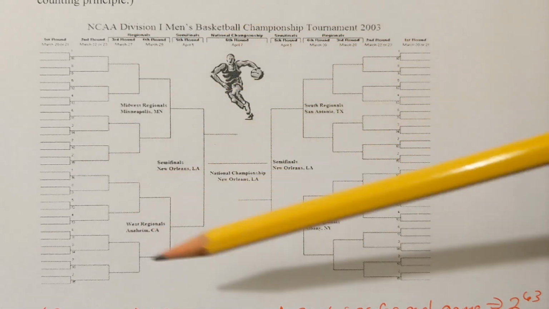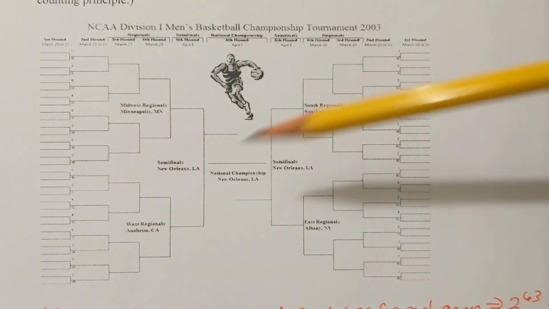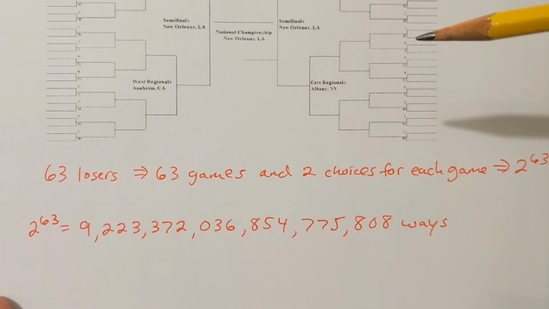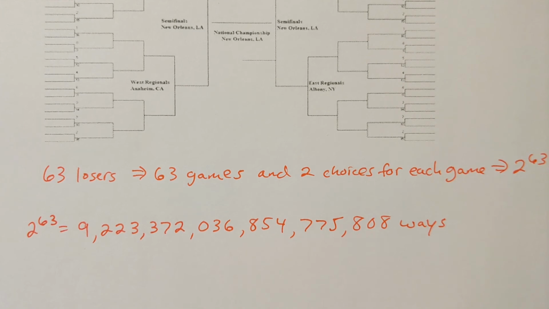So asking for the whole thing to be correct is quite impossible. I've heard it explained that if you were to flip a coin 63 times and correctly guess heads or tails 63 times in a row, it's like you got a perfect bracket. So that's pretty difficult.